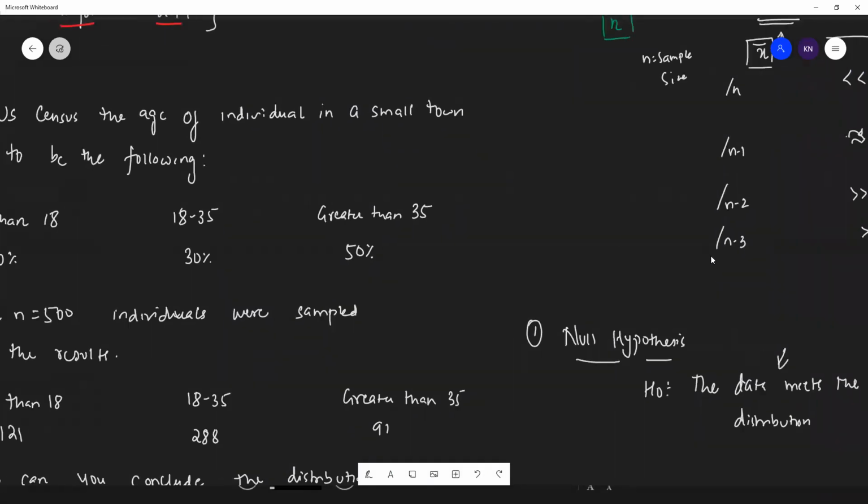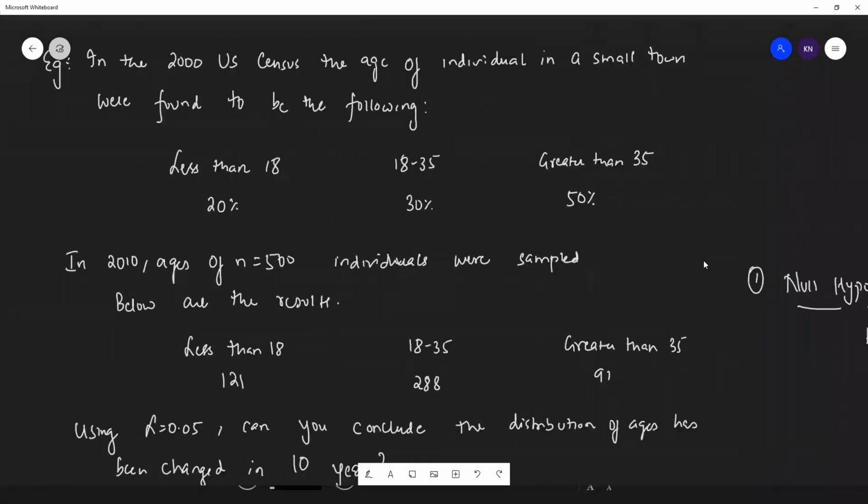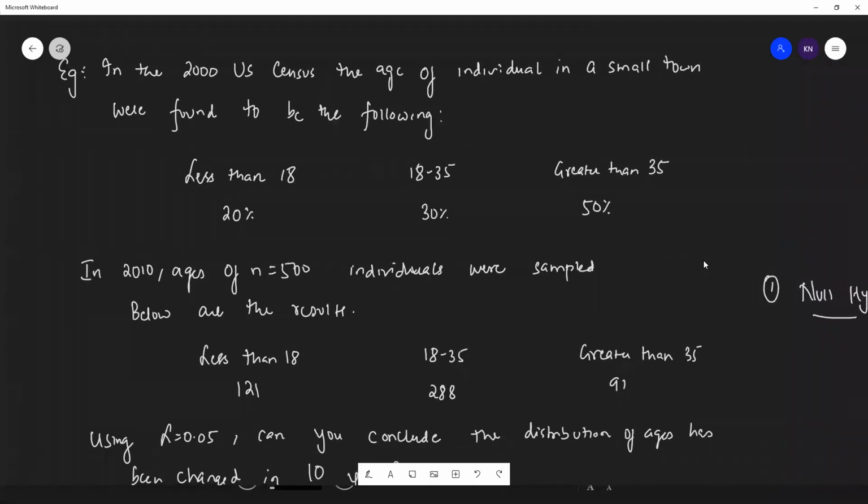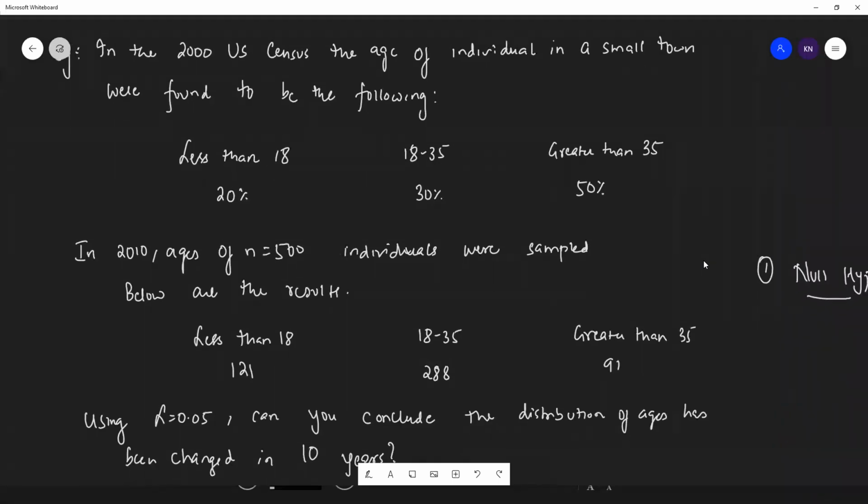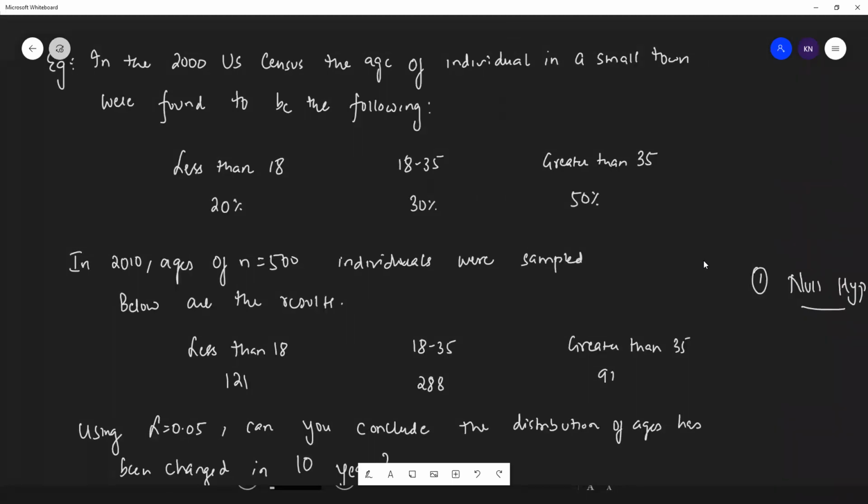So this is the question, guys. Let's read the question once again. In the 2000 US census, the age of individuals in a small town was found to be the following. Less than 18 was 20%, 18 to 35 was 30%, okay? Greater than 35 was 50%, okay?